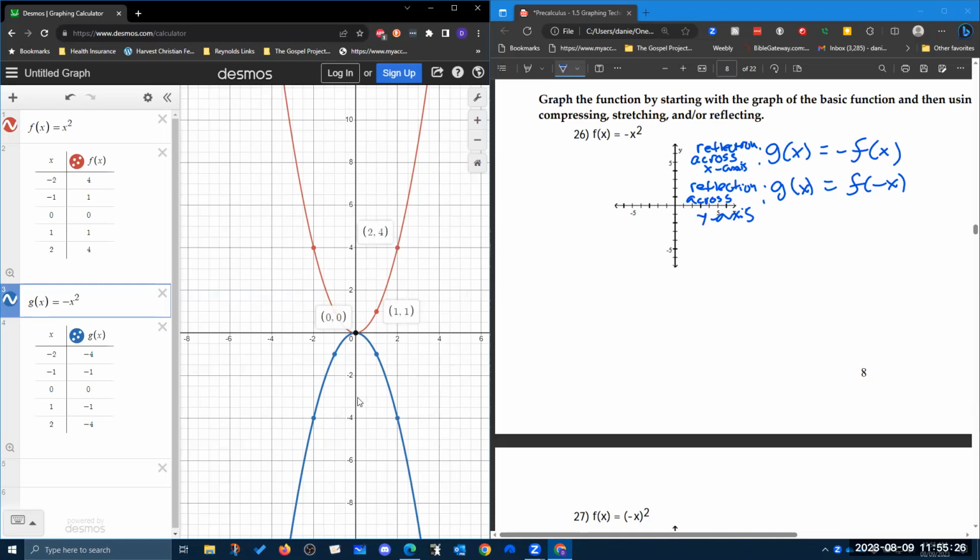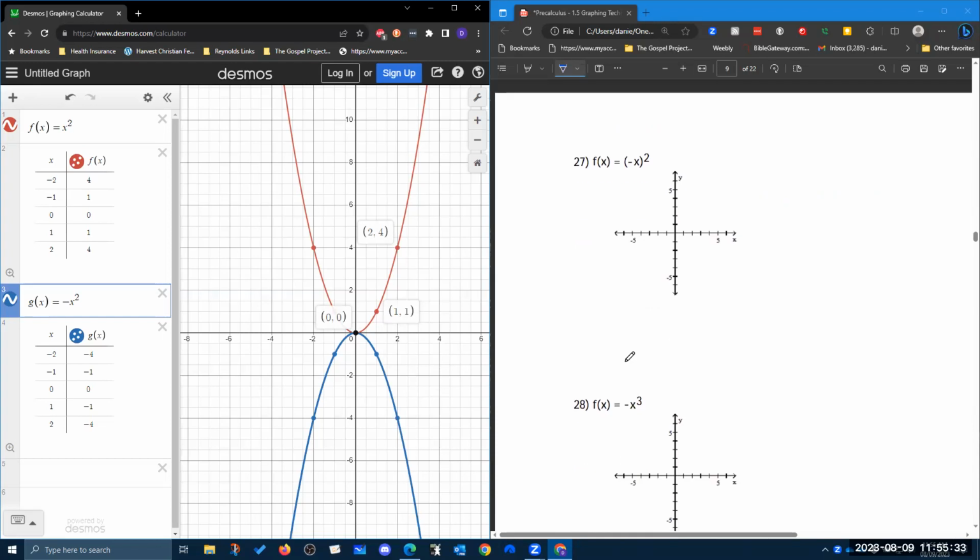Because y equals x squared is an even function, when we try to have a reflection across the y-axis, it's not going to appear to do anything. The red function and blue function are going to lie on top of each other, because this point that was at (1, 1) reflected over to the point at (-1, 1), and the point at (-1, 1) reflected over to (1, 1).